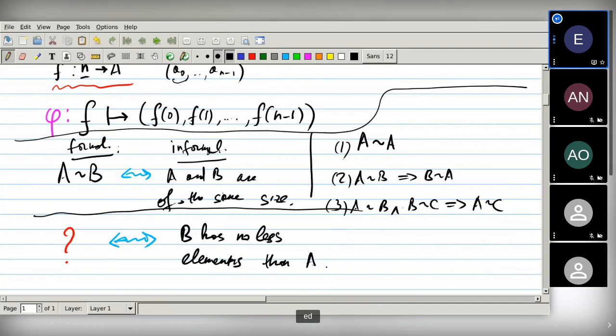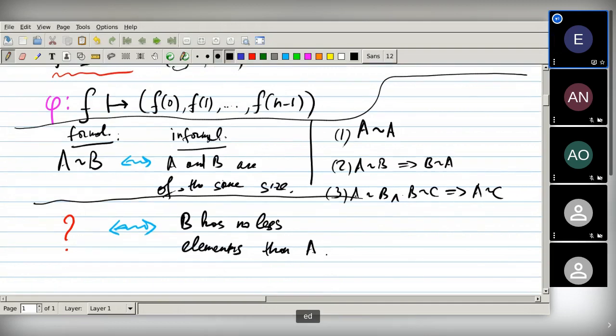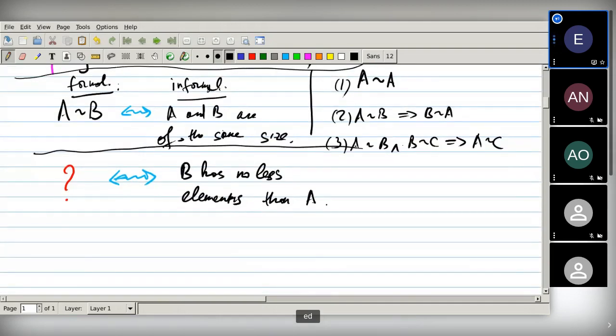How can we formalize it? Do you have any idea? B is greater or equal than A in size. They are of the same size. We formalize it by constructing a bijection. But what should we take as a formal analog of this concept?